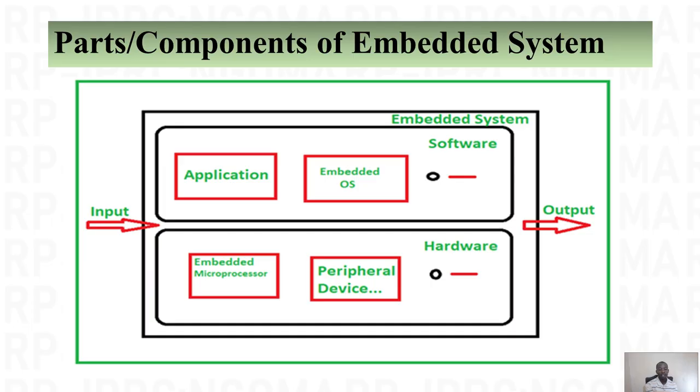Okay, those are the interrelated parts or components of an embedded system. Number one, we have software. In software, we have two categories: operating system and application.